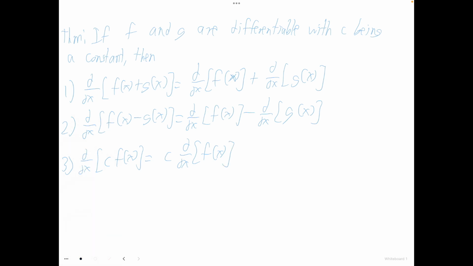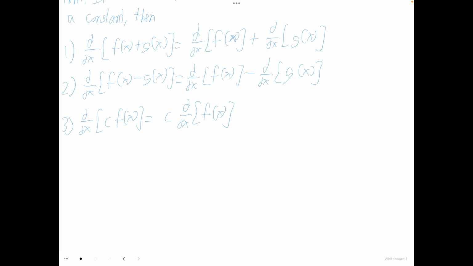So what these are saying is we can split up derivatives over addition, subtraction, and we can pull scalars out. Now I'm not going to justify all of these rules, but I am going to justify the first one. The justification for the second and third goes very similar to what we're about to do with the first one.